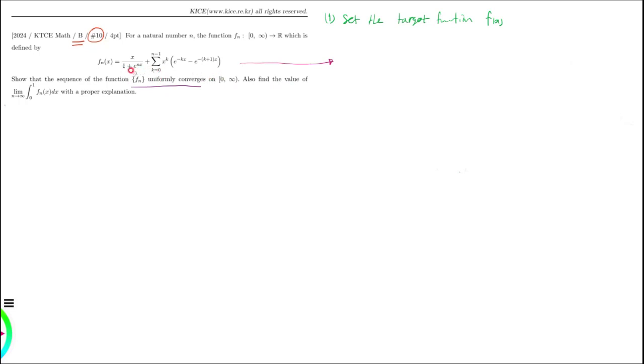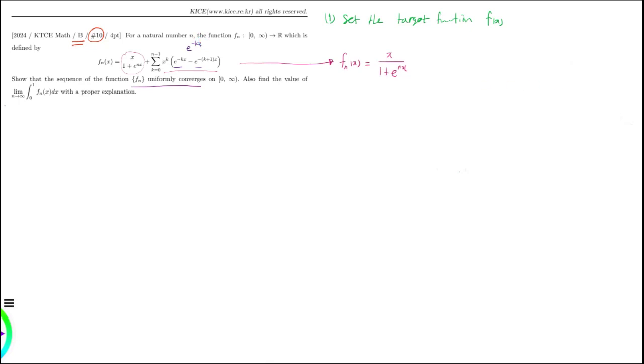It has two parts: this fractional function part and this summation part. For this summation, I'm going to rewrite it by pulling out the same factor, e to the negative kx power.